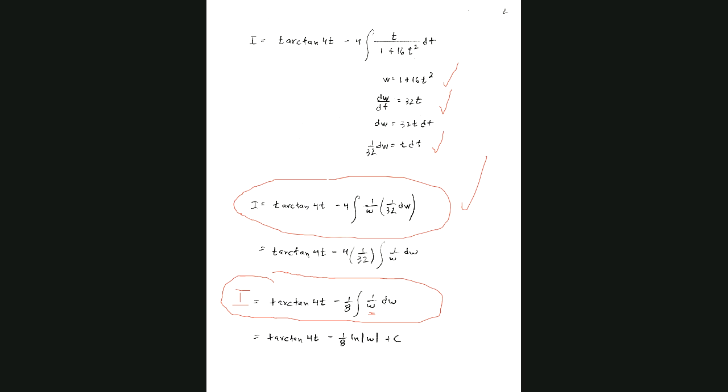So, let me move to the next page. We're good here? May I move to the next page? Okay. One more minute. All right. Tina says, can you explain why we need the absolute sign? The antiderivative of 1 over w is the log of the absolute value of w plus a constant.